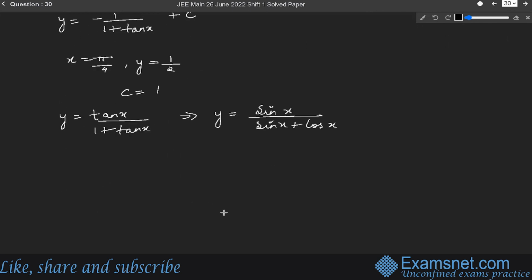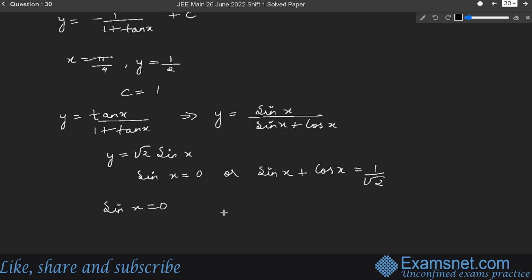Now, y equals root 2 sin x. Therefore, we can say that sin x is equal to 0 or sin x plus cos x is equal to 1 upon root 2. So, if sin x is equal to 0, it gives x equal to pi only.